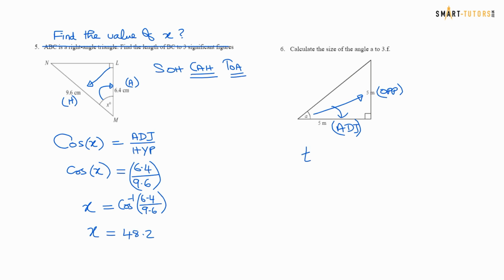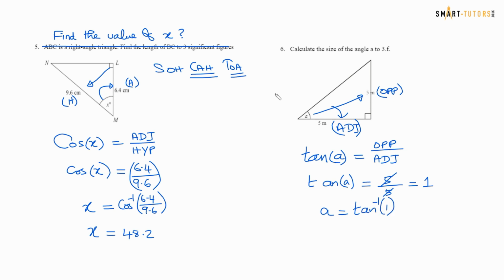So tan A equals opposite divided by adjacent. So tan A equals opposite is 5, adjacent is 5, so that is 1, 5 and 5 cancel. So A equals tan inverse of 1.